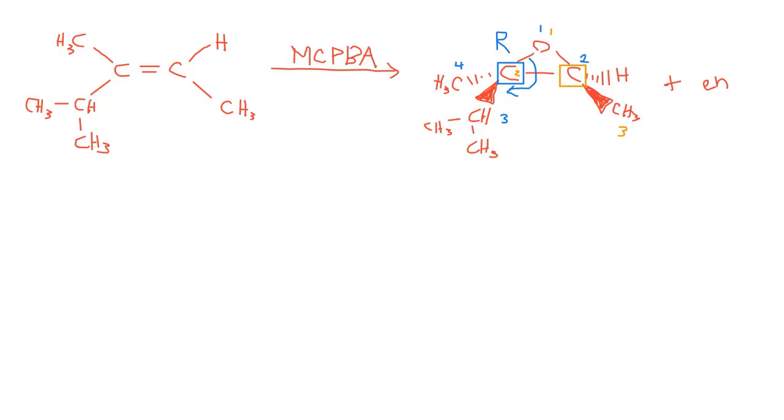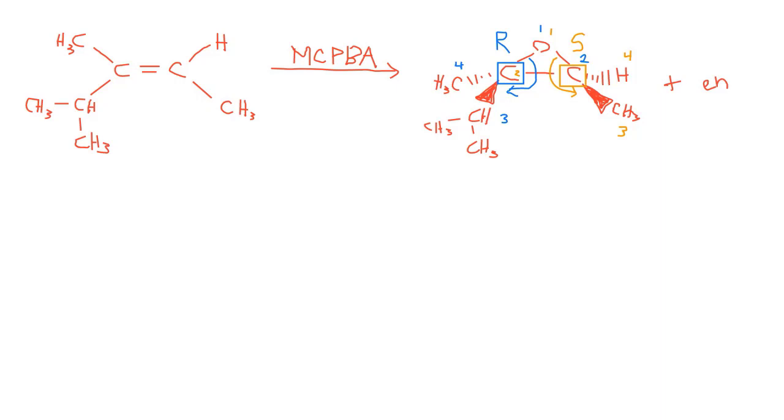And the hydrogen is going to be number 4, the lowest priority group. I don't care about the lowest priority group. Fortunately, it is in back, so I don't have to worry about flipping any configuration. So I will just do the rotation. And it looks like 1, 2, 3 is counterclockwise, so this is going to be S. So I am going to get an RS and its enantiomer.